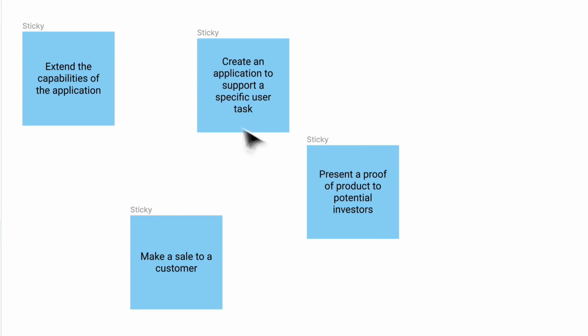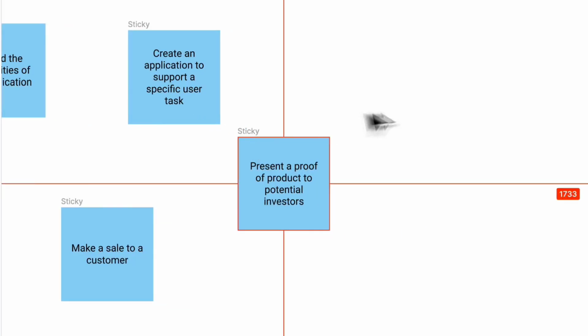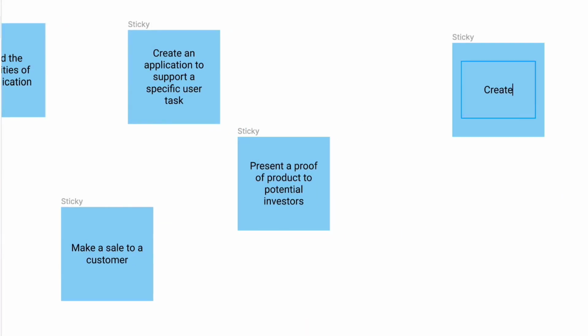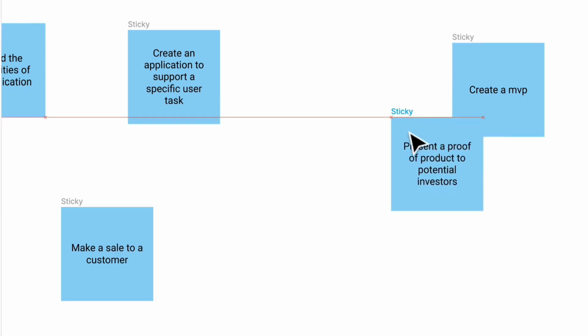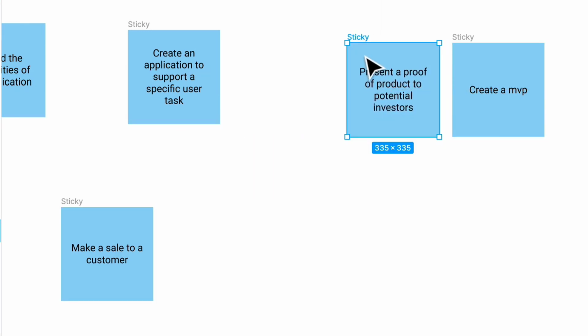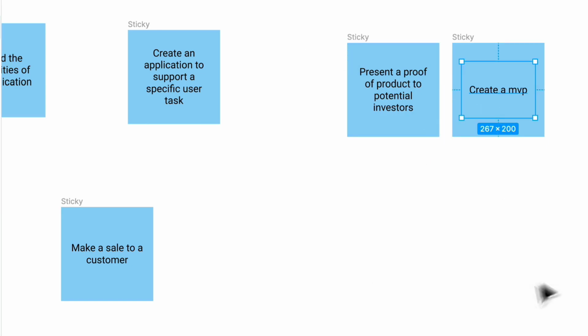Sometimes there will be overlap. Another person may say something like, create MVP, which is a minimum viable product. These people will come together and say, oh, this is pretty similar, so we'll map these together and call this one a proof of product. Generally, if there are a lot of stickies that are similar, you'll know that's a priority for that team or client, and that's when you can really start ranking them.